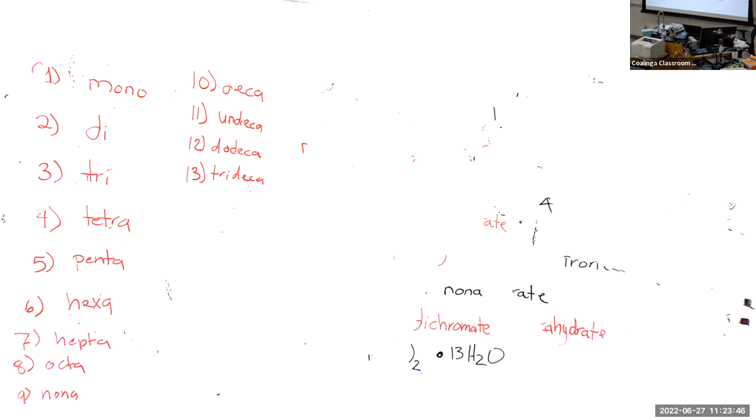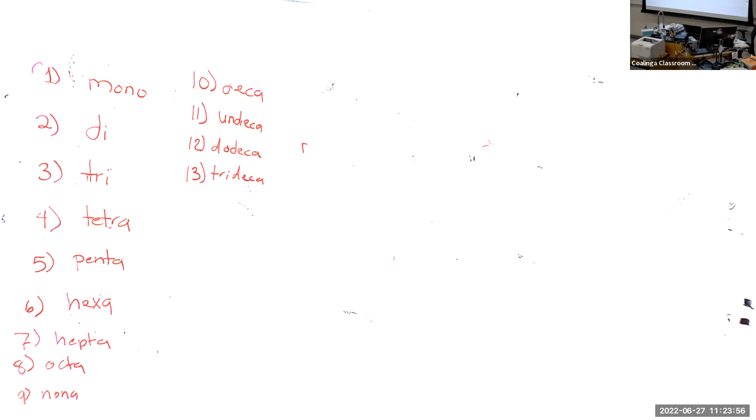Okay, so the next part is when we're talking about covalently bonded. That basically means they're all going to be non-metals. So, for instance, if we have CO2, we call this carbon dioxide.